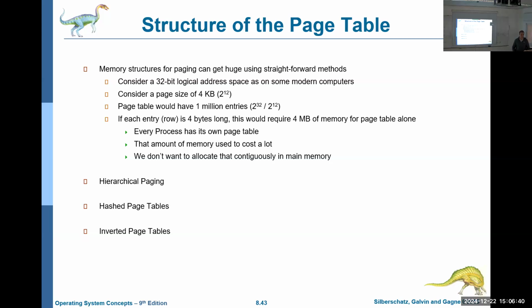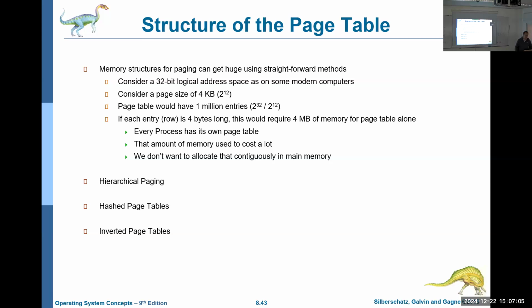Then you multiply by 4. Kilo: 2 to the 10 is 1 kilo. And if it's referring to bytes, then it's 1 kilobyte. We call it a kilobyte. We don't put an S there.